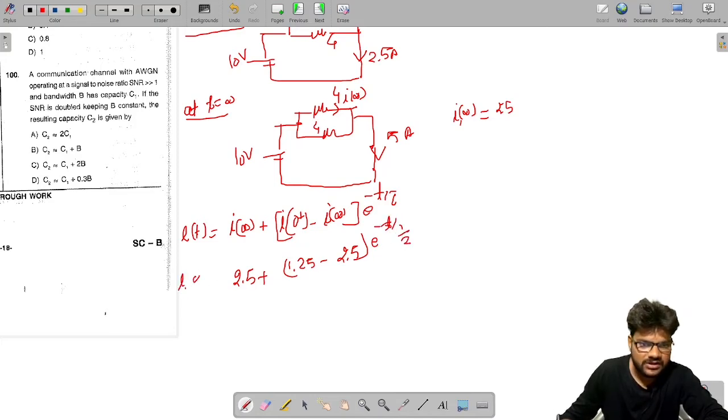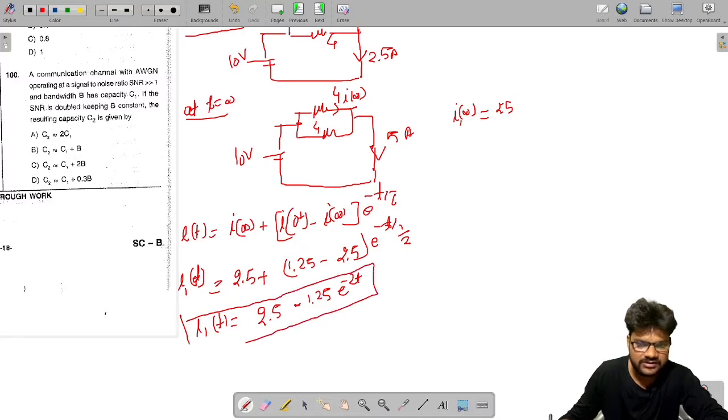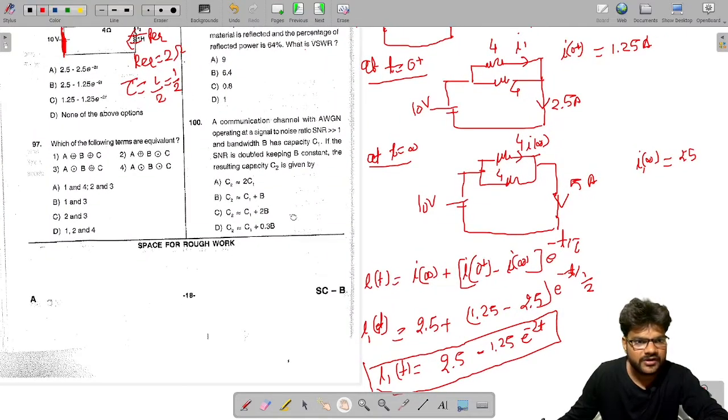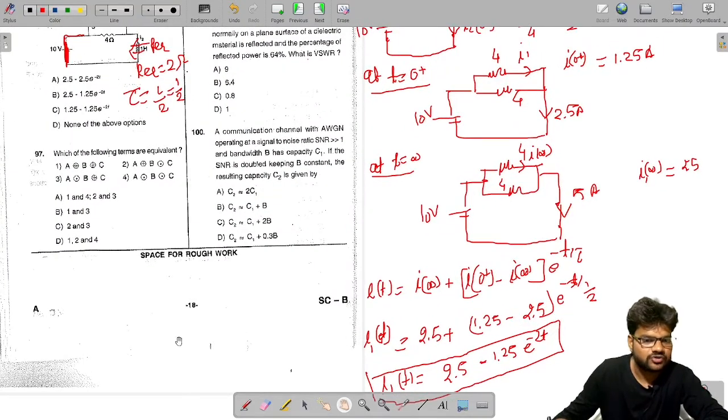So this is the I1 of t. So I1 of t we can write 2.5 minus 1.25 e to the power minus 2t. So this is the final expression of I1 of t, that is the current flowing in this 4 ohm resistor. So the correct option is 2.5 minus 1.25 e to the power minus 2t. So the correct option is B.